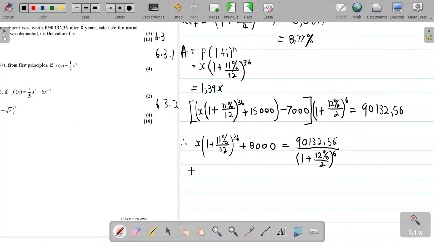Okay, and then after that, we're going to divide. So it's going to be x times 1 plus 11% over 12 to the power 36 equals to 90,132.56 divided by, and then minus 8,000.